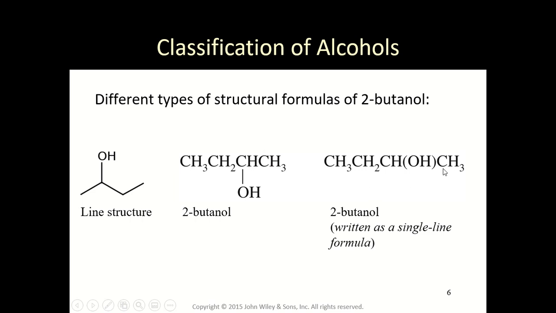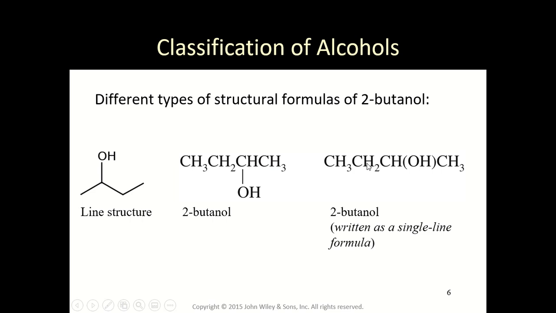The most difficult one here is the condensed structural formula. Like you look at this, there's an alcohol group, but where is it coming off of? You remember your terminal carbons will always be CH3. Carbon has 4 bonds, so there's a hydrogen, hydrogen, hydrogen, and this carbon here is attached to this carbon.